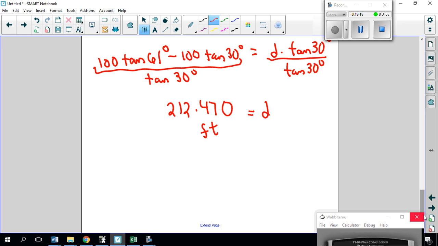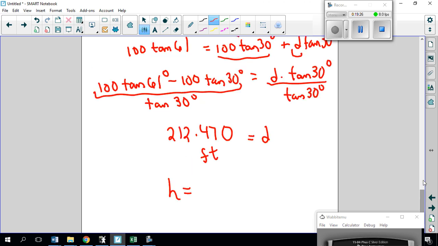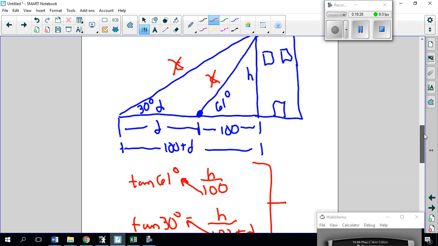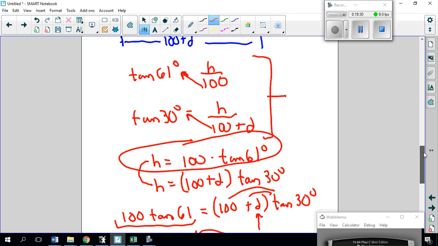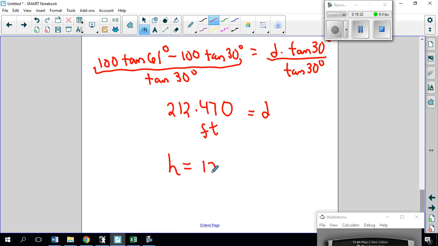We actually knew what h was from the beginning. I've worked a modified version of this problem, so we know h from the get-go. It's kind of dumb. h from the get-go was 100 tangent 61 degrees. The problem I was working, I modified so it was different than your textbook, and I kind of created a stupid version of it.